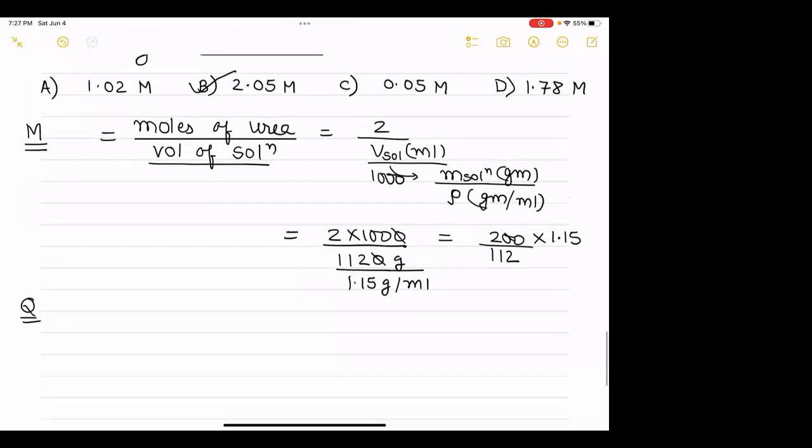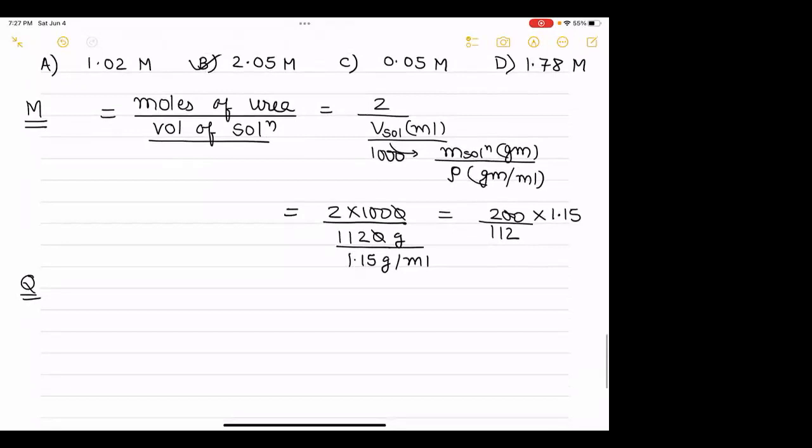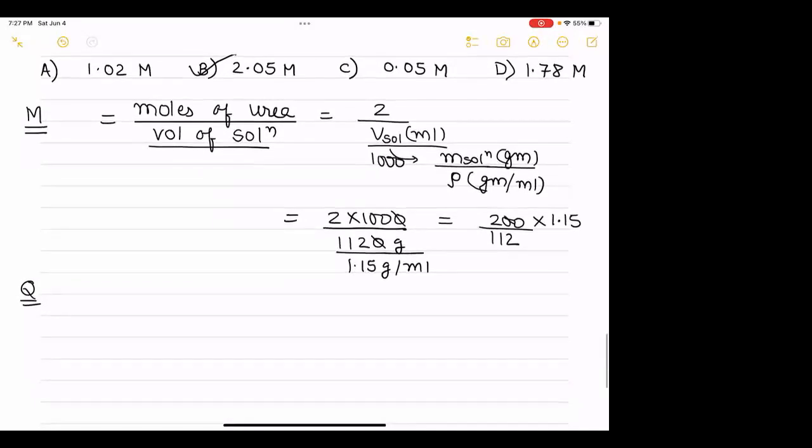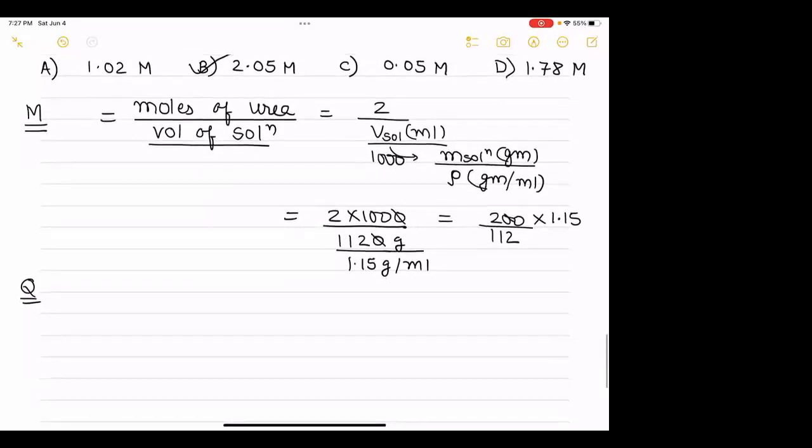Okay, and just let me tell you this. In this also, some density is given and the mass percentage is given. So you need to find the molarity of HNO3. HNO3 is nitric acid. You might have seen it in the lab.